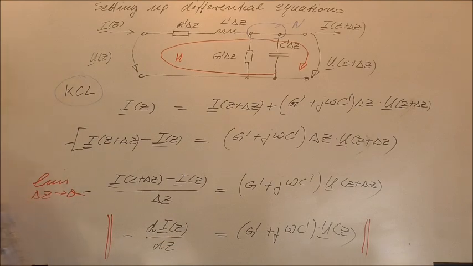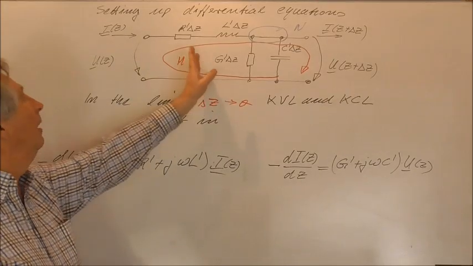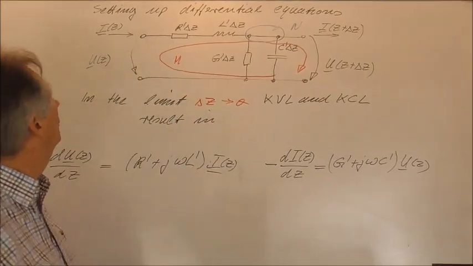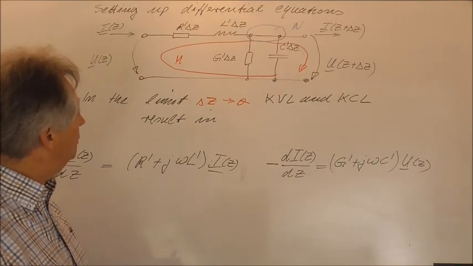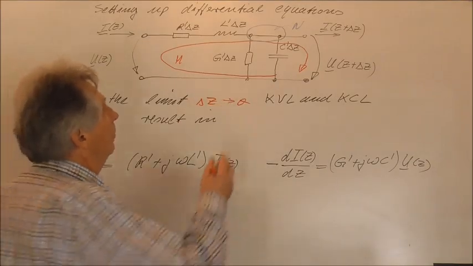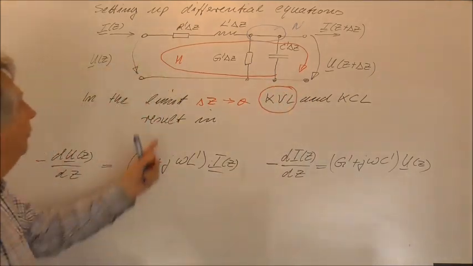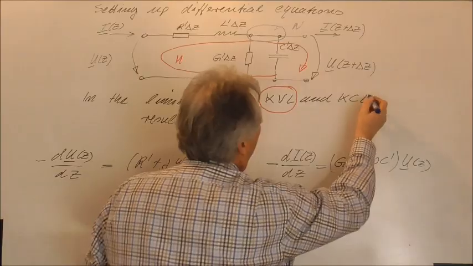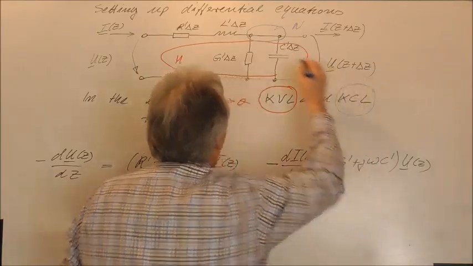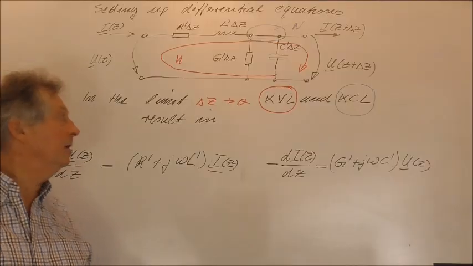What we found out now by analyzing this small equivalent circuit: we used on the one hand KVL, Kirchhoff's voltage law, for this mesh, and we used KCL, Kirchhoff's current law, for this knot equation, and then we considered the limit delta z tending to 0.